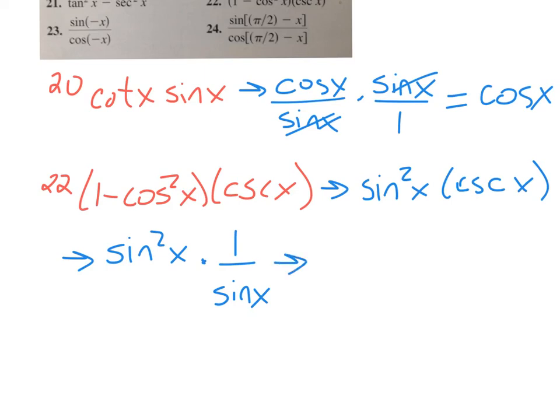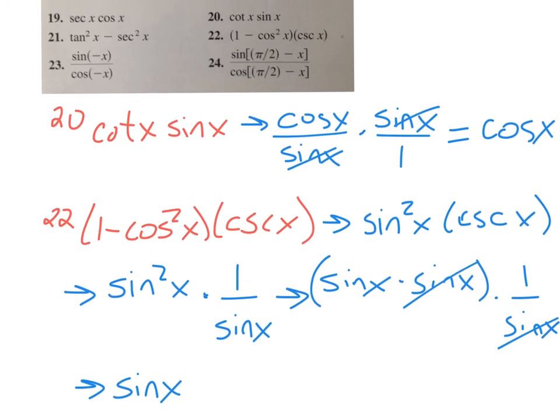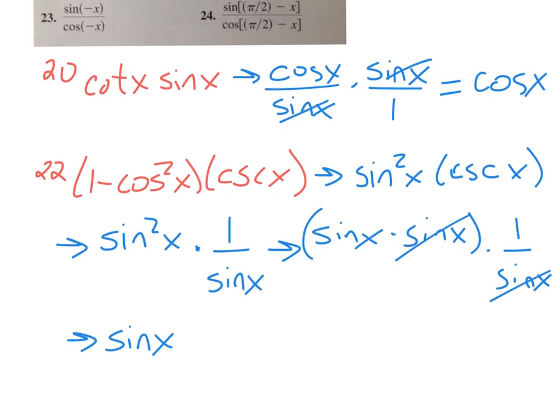If you need to see it written out, sine squared is really this, times 1 over sine of x. Either way, you can cancel one of these sines of x, and that means this whole expression can be simplified into just sine of x. So that is F.